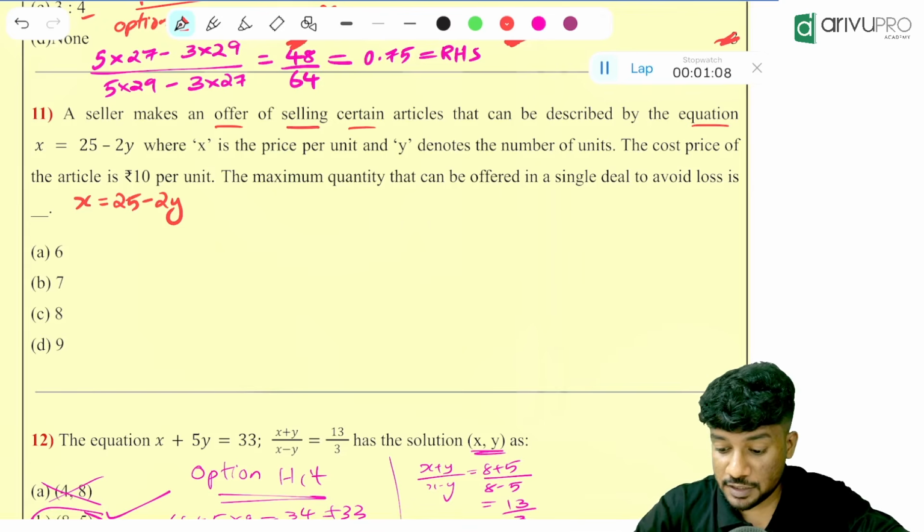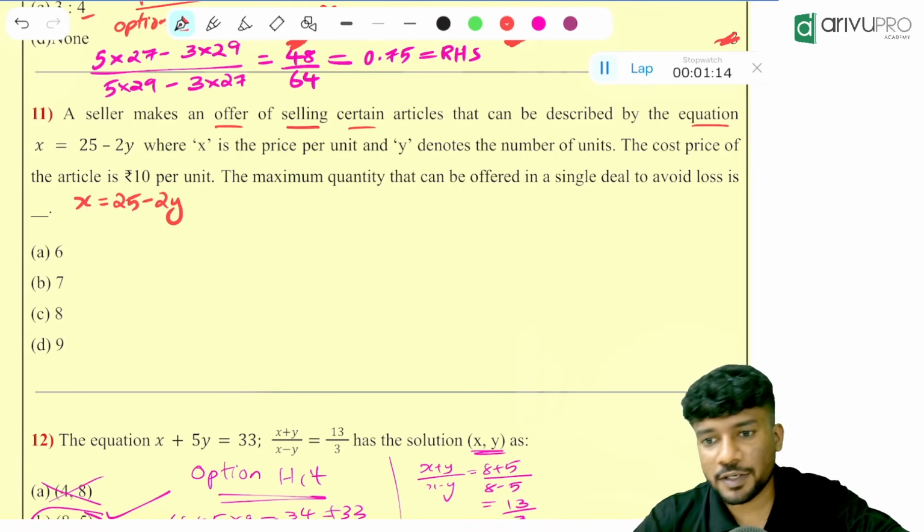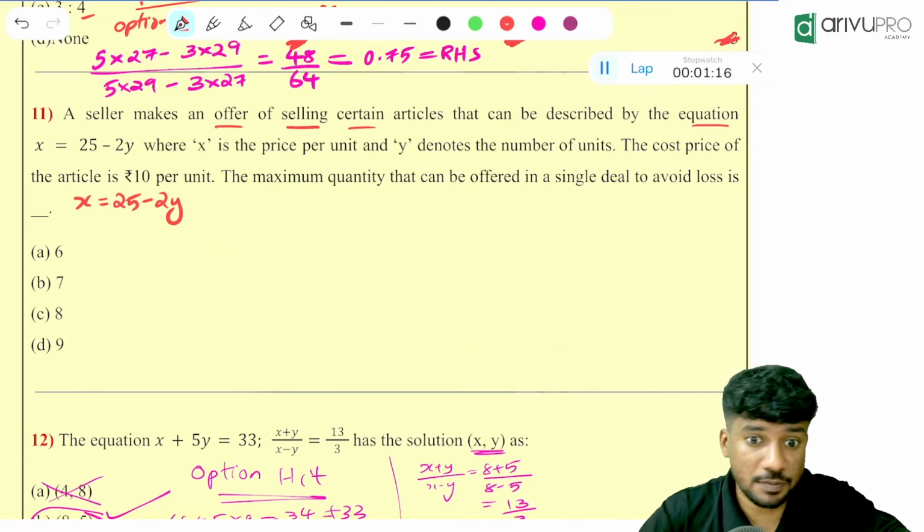Avoid a loss. Just avoid a loss. Maximum quantity we should find. We should not go for the minimum quantity. We should go for maximum quantity.